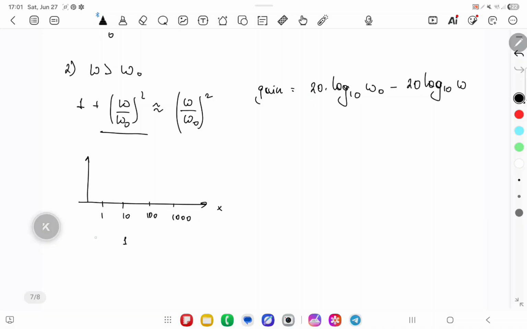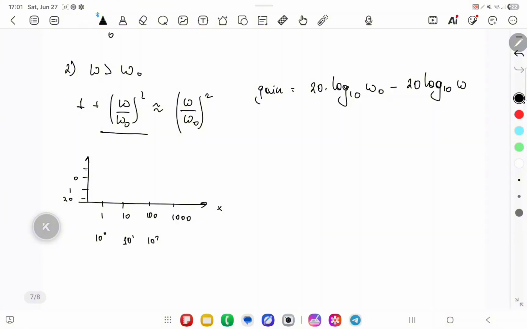So it's always 10 to the power of 0, 10 to the power of 1, 10 to the power of 2. And on the y-axis, we usually have 0, 10, 20, and it's not always the case.